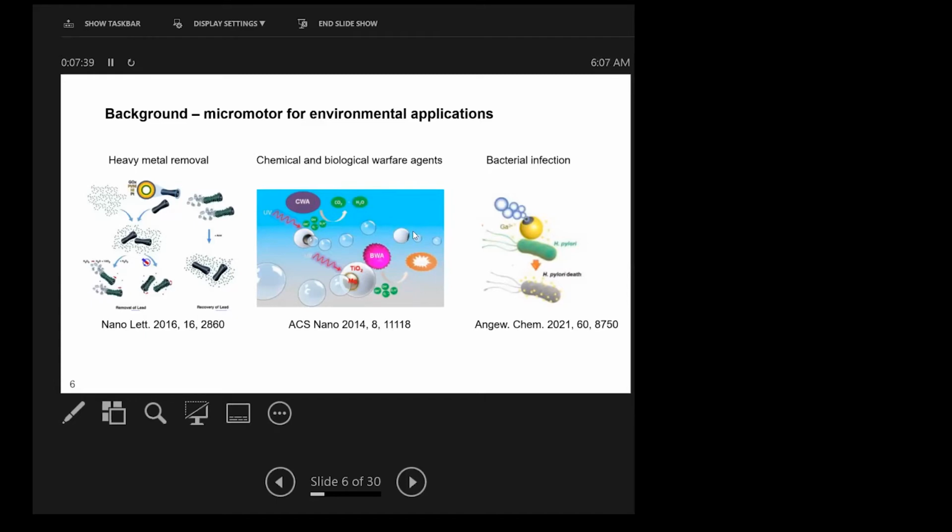So this can increase the CBWA removal efficiency. So the third example is from Qianghe's group. They made a magnesium gallium zinc macromotor with good biocompatibility and biodegradability for active target treatment of the bacterial infection.